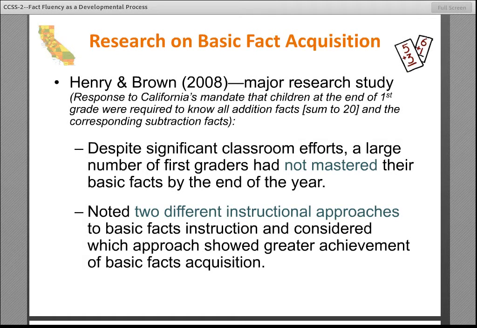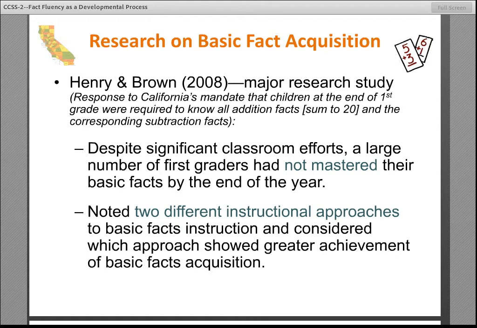They wondered, in this high-stakes environment where everyone's so focused on accomplishing this goal, to what extent will the children be able to achieve that demand? In that focus era, if you still have a large number of students who don't meet that goal, it could raise some questions about whether it's developmentally appropriate.